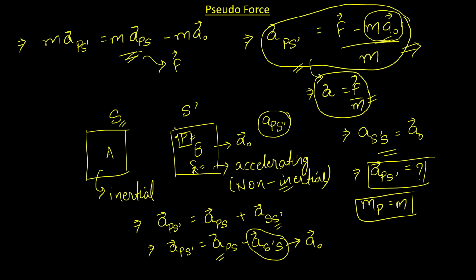Like when this whole non-inertial frame is moving in say the positive x direction with an acceleration of a naught, then we need to give an acceleration of negative a naught vector, that is in the negative x direction, to this particle P, or a force, say small m into the acceleration of this whole non-inertial frame with respect to this inertial frame. That is, the acceleration a naught vector is with respect to this inertial frame. And so this additional force needs to be given to this particle P, and then we can apply Newton's second law of motion.